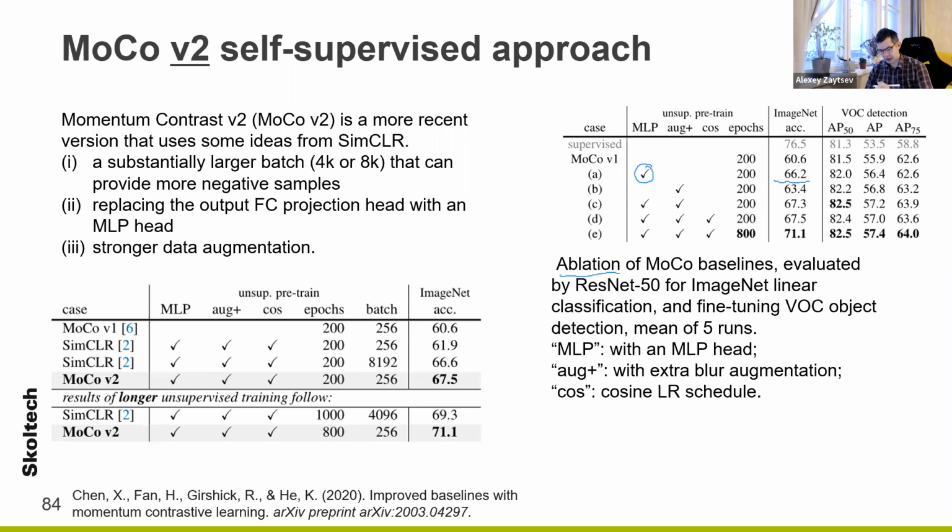Then we try this augmentation, only the Gaussian blur augmentation. And we can see there is some improvement compared to the initial version. So we can try to turn on both these heuristics simultaneously. And we have an additional improvement of the model here. And also, if we apply this cosine learning rate scheduling, we have a very small improvement. And if we train for more epochs, we have an additional improvement.